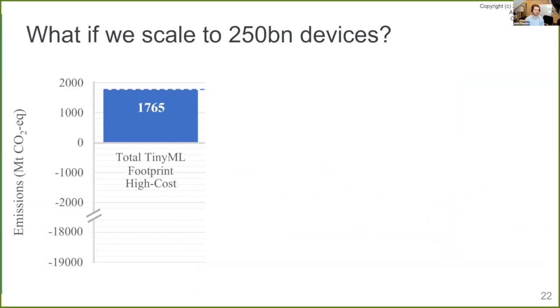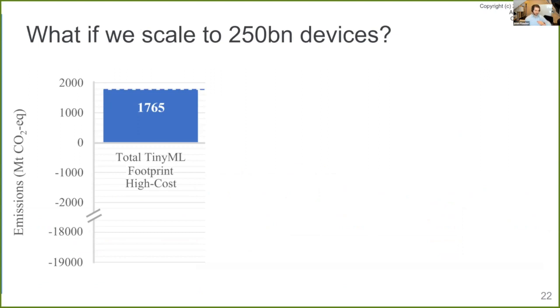That would give us 1,765 million metric tons of CO2 equivalent. Oh, no, of metric tons, because it's tons. That's 1,765 metric tons of CO2 equivalent, which is nothing to snooze at. That's actually a lot of emissions.